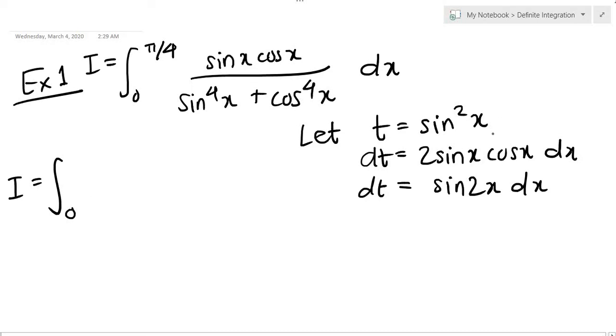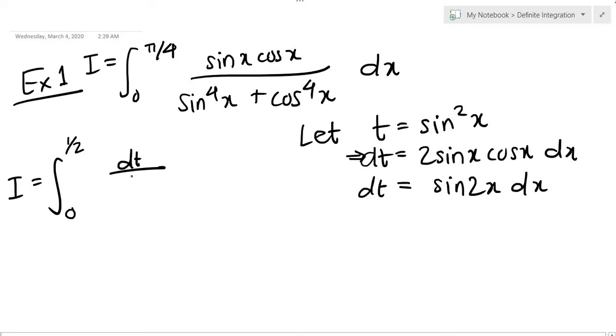When x is pi by 4, sine of pi by 4 is 1 by root 2, and the square of that is half. You have to basically plug in for x and get a corresponding value of t, since you made a substitution. Yeah, so from this you might see that we can actually replace the entire thing by dt over 2.